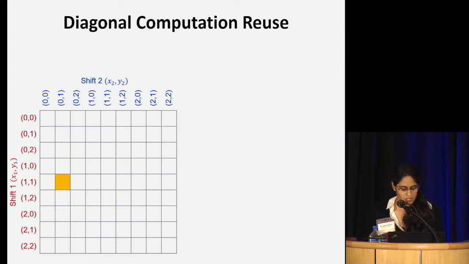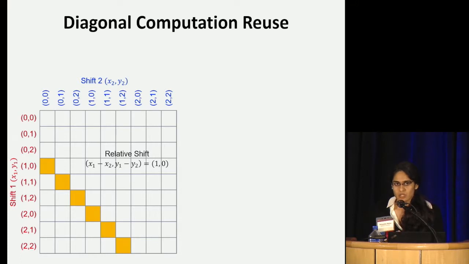The first step in designing any hardware accelerator is to break down your algorithm and see where you can reuse computation and extract that out. For example, what we observe is that for all the pixels along any diagonal of this matrix, the relative shift between the two images that you're multiplying remains the same.